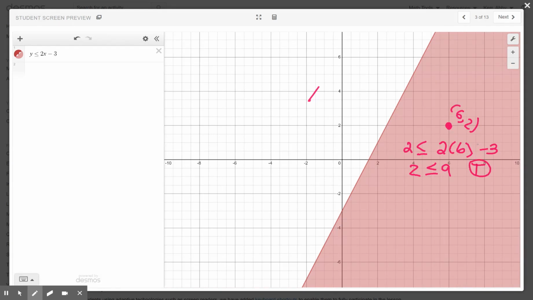And once again, you could pick any single ordered pair in that shaded area, and it's going to get you true. It's the same thing because this is a solid line. Remember that equal sign. That equal sign is making all of the ordered pairs on this line true. So right here, that would be a decimal.